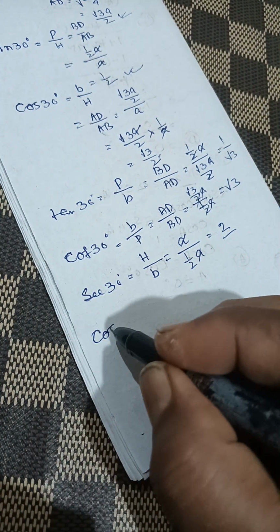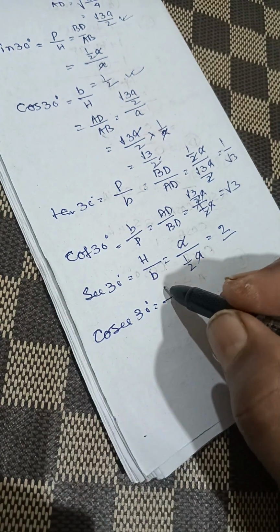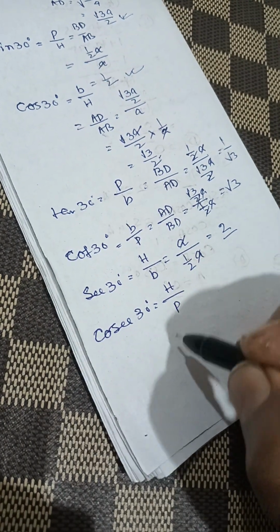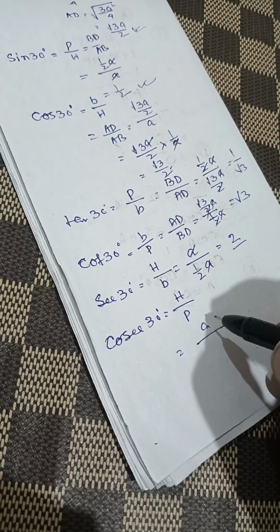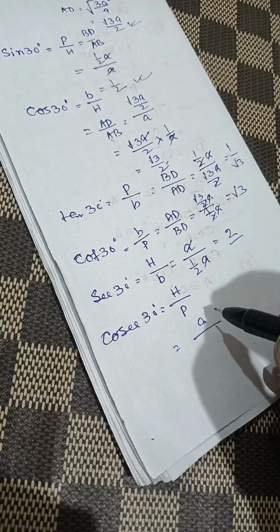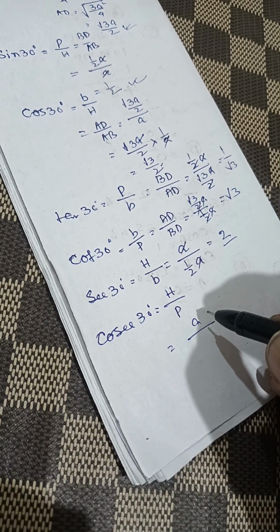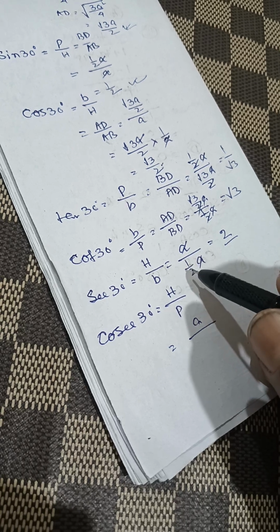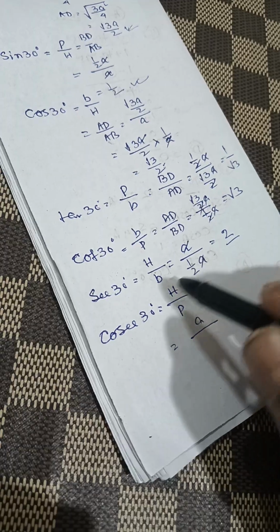Similarly, you can also find cosec 30. Cosec 30 will be H by P. H is given as A and P is BD. Here I have done cos 30 this way, but this part I have written wrong.